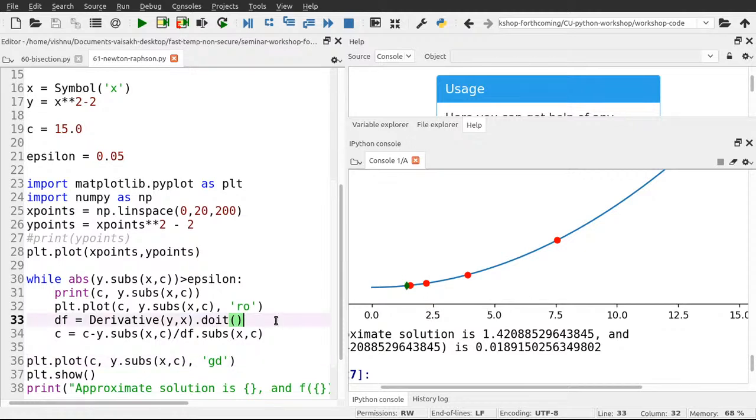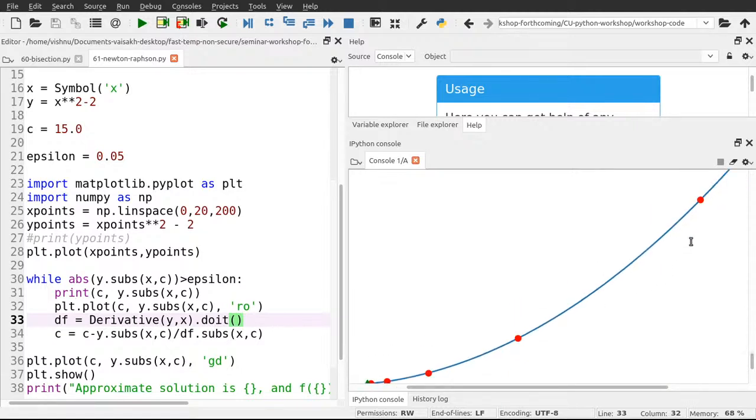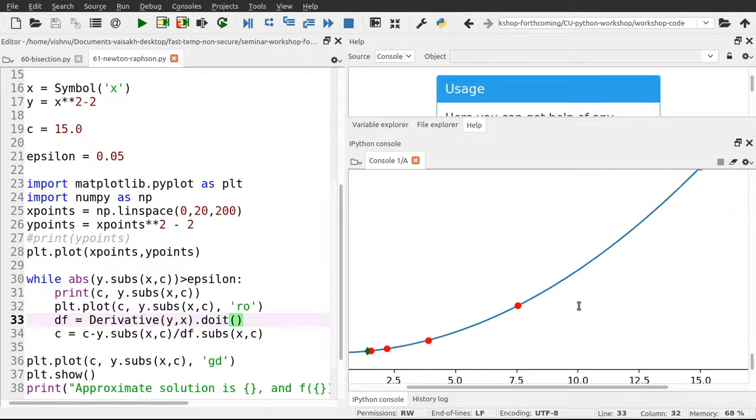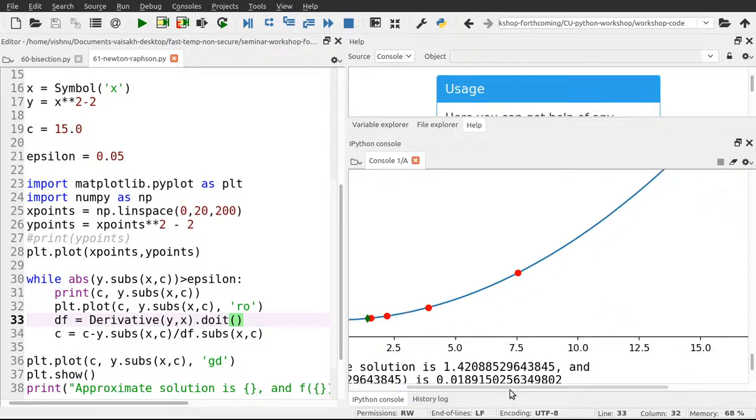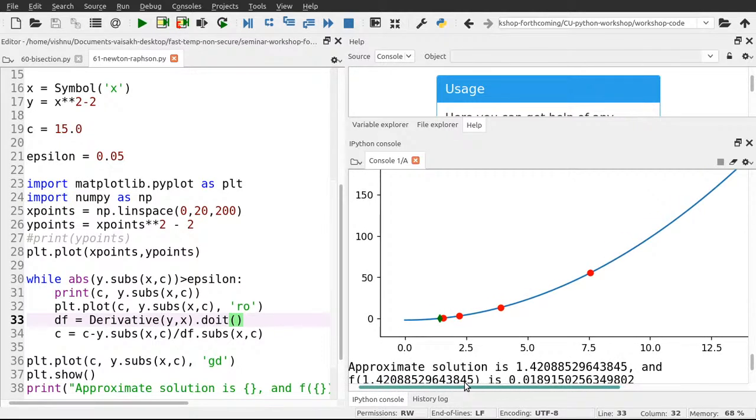Maybe the legend also we can, okay, legend we cannot turn on so easily because we have too many plots here. Anyway, so the solution we are starting from here, it's taking a huge leap from that 15, it's coming to 7.5 directly. After that, it's slowing down to somewhere near 4, and after that, it's becoming below 2.5.